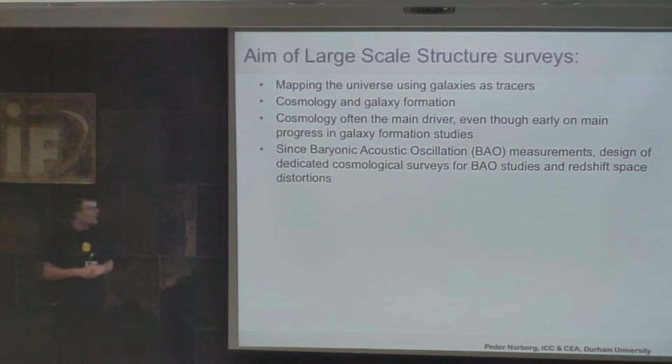And I think there's been a big change in the mid-2000s, very much with the advent of BAOs, the Baryonic Acoustic Oscillation measurements, that the design of dedicated surveys purely for cosmology is being done.